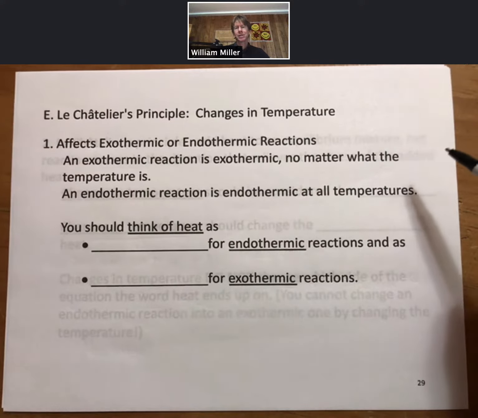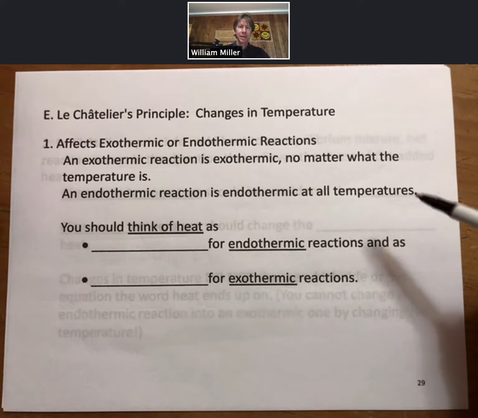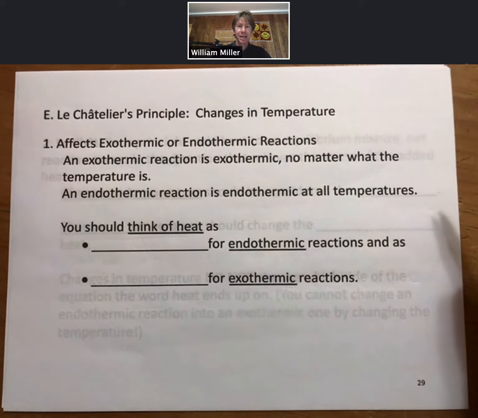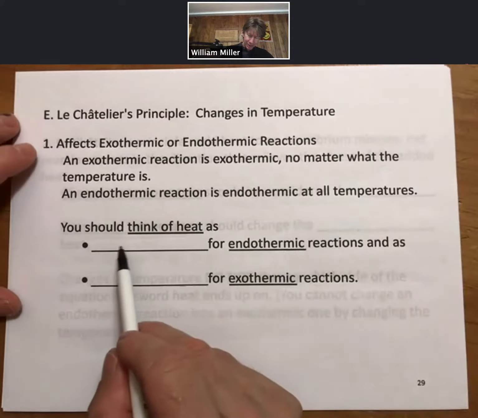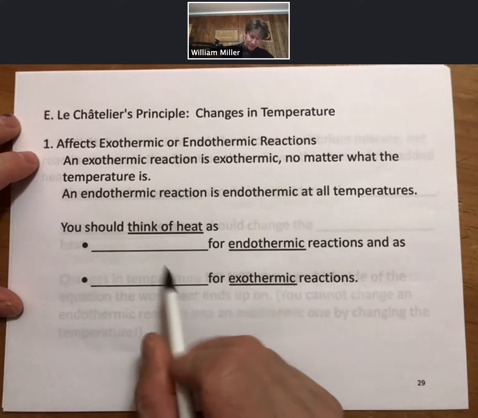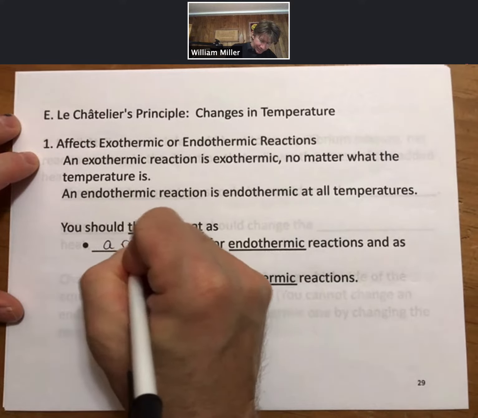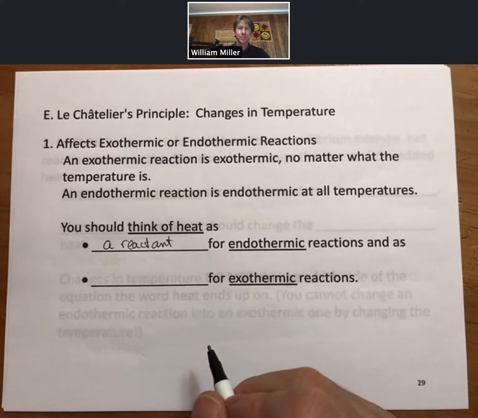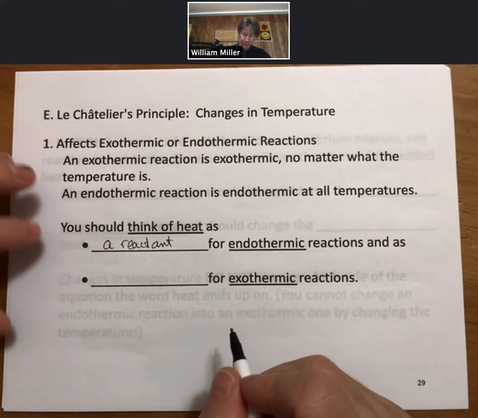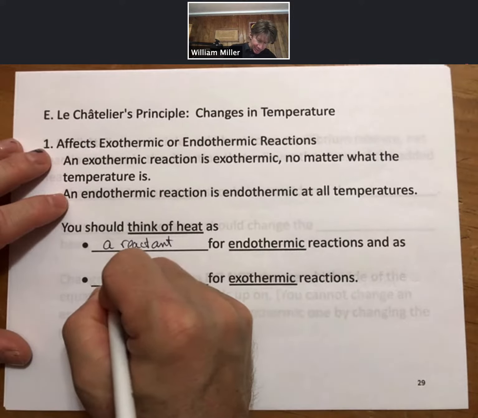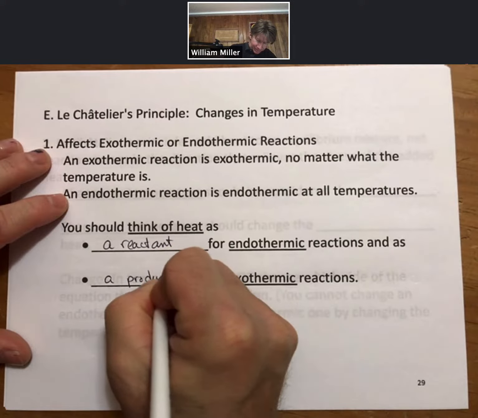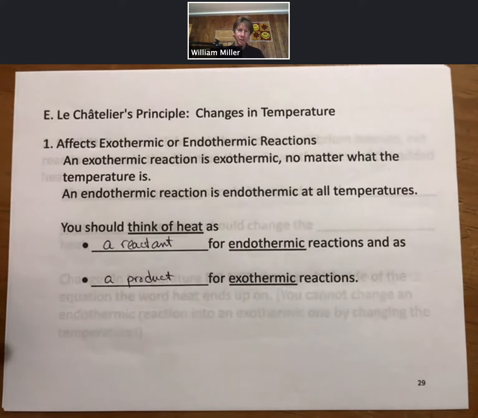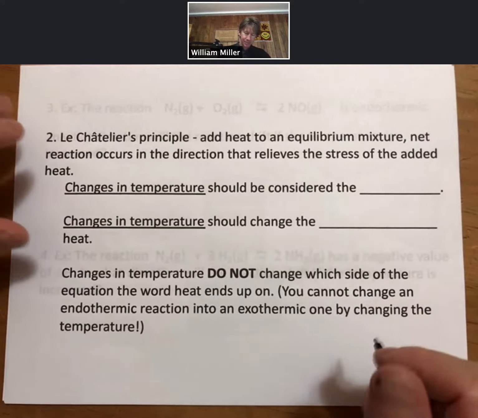We're going to go back to when we were talking about the sign of delta H, and it says you should think of heat as a reactant for endothermic reactions, and we should think of heat as a product for exothermic reactions.